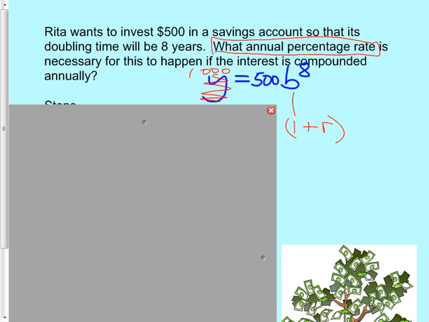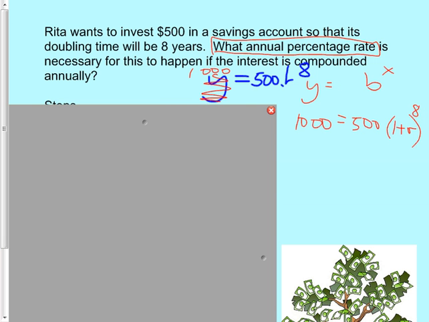So then your final answer for this one would be 1,000 equals 500 times 1 plus the rate to the power of 8. And then you solve it for the R. All right, I know sometimes that can kind of blow kids away. All I really did, though, was y equals a b to the x, and I just stuck in stuff I knew.